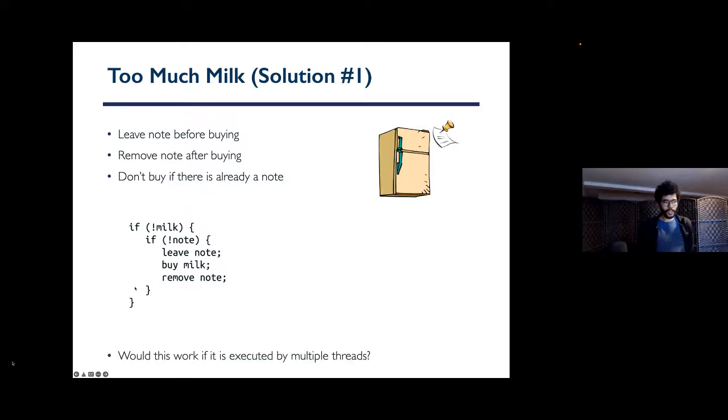So would this work if you execute this by multiple threads? Let's look at some interleavings. Here is one interleaving. Thread 1 looks at milk. There is no milk. Now, before it continues, we context switch to thread 2. Thread 2 also checks for milk and sees that there is no note.